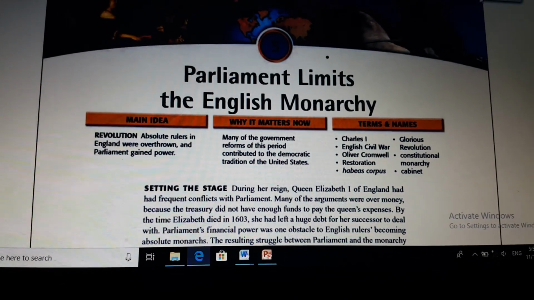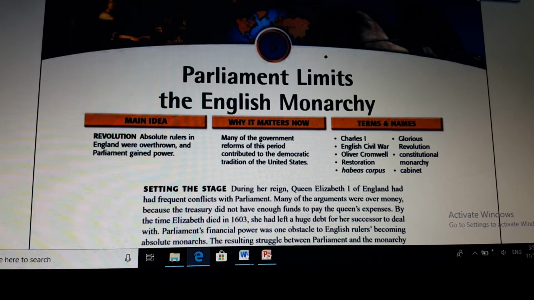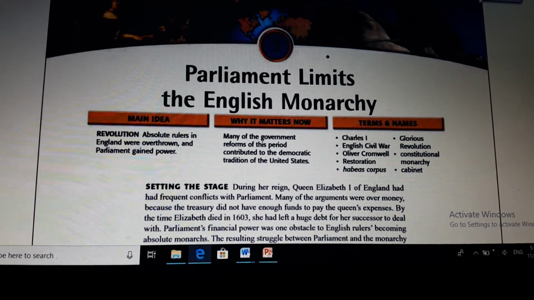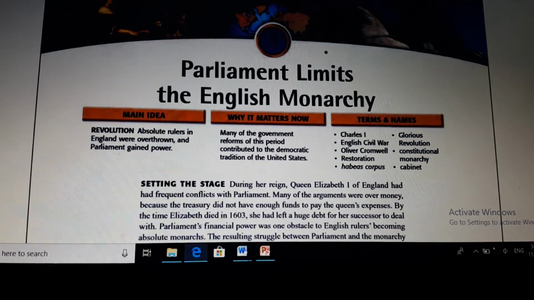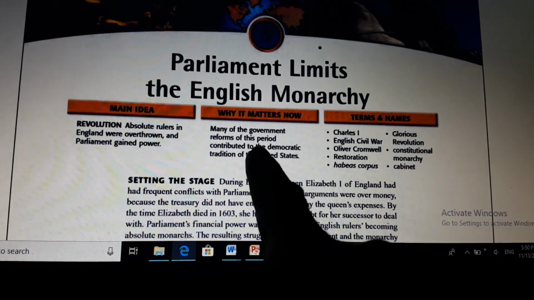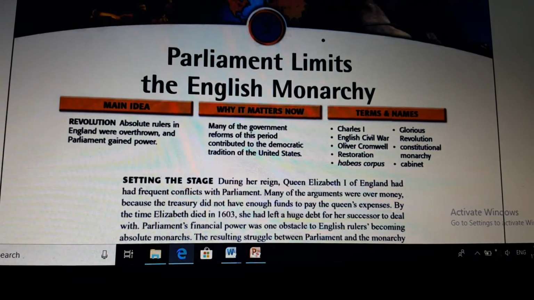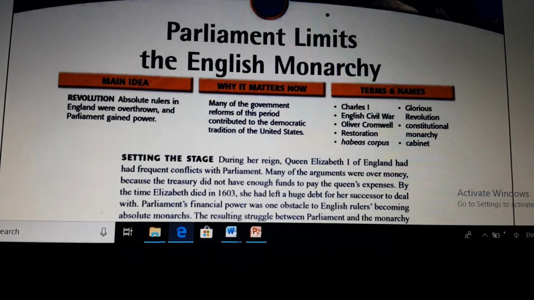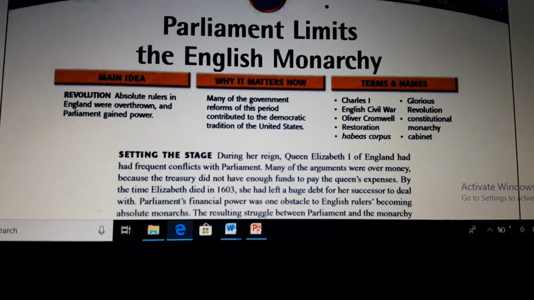Main idea: revolution. Absolute rulers in England were overthrown and Parliament gained power. Why it matters? Many of the government reforms of this period contributed to the democratic tradition of the United States.